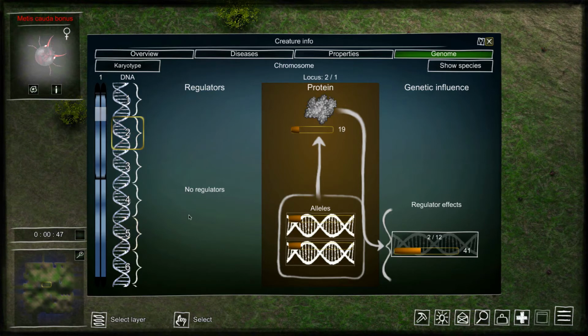So one chromosome is one long DNA strand and it is presented here. The strand consists of segments 1, 2, 3 and so on. The name of the segment in biology books is a locus. And each locus has genes that carry the genetic information.